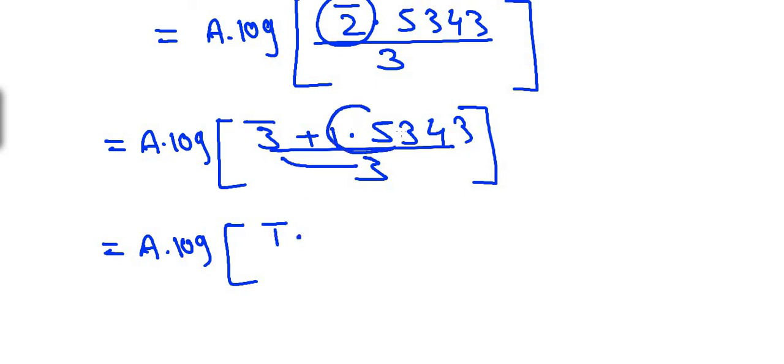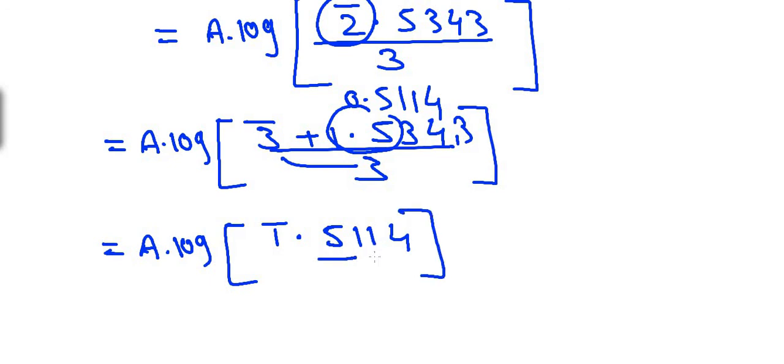Now divide this. 3 5s are 15, 3 1s are 3, 3 1s are 3. Remainder 1. Now 3 4s are 12. It's enough now up to 4 digits, because in log table we need only 4 digits. So bar 1.5114.